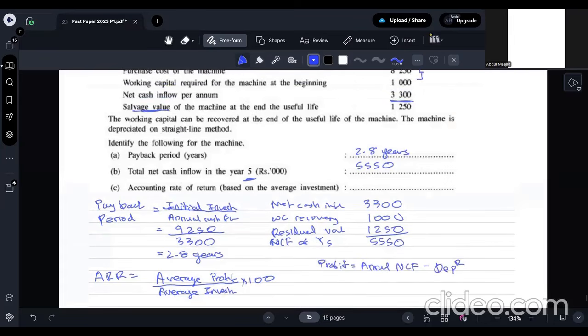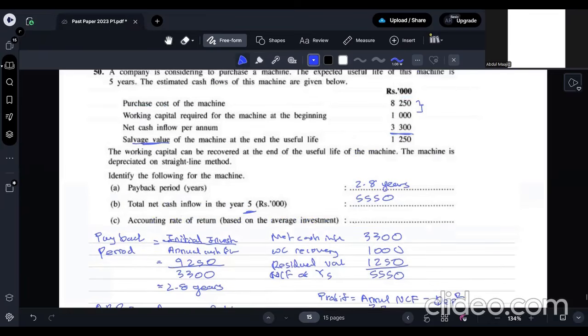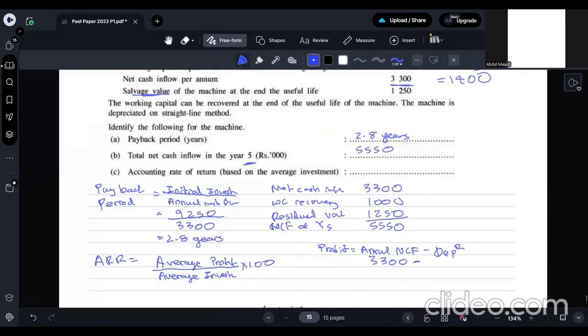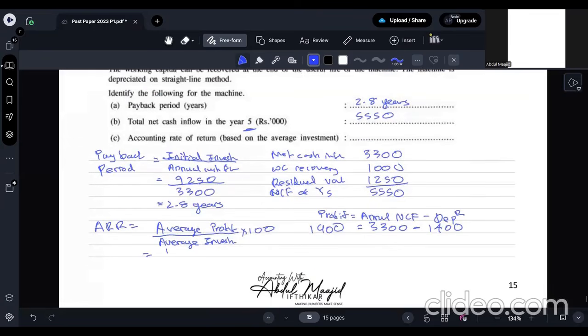Annual net cash flow is 3,300,000 minus depreciation. How do you find depreciation? Purchase price of the machine 8,250 minus residual value 1,250 divided by useful life 5 years. The depreciation for a year is 1,400. So 3,300 minus 1,400, the profit will be 1,900. So the average profit will be 1,900.